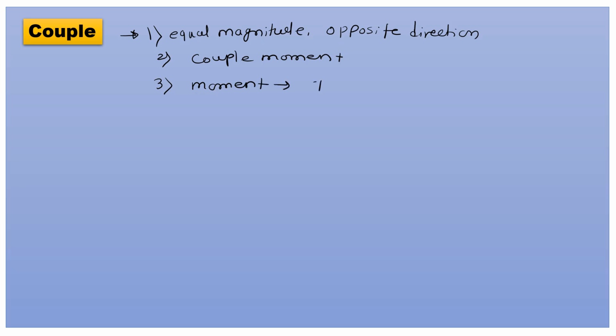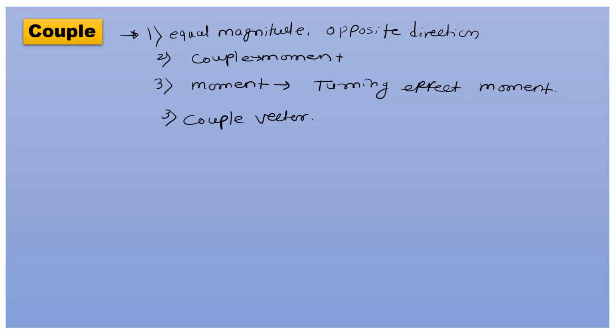Moment is force into distance, or force into perpendicular distance, and a moment is also a couple. But in case of a couple, the forces are equal in magnitude and opposite in direction. A couple is a vector quantity.